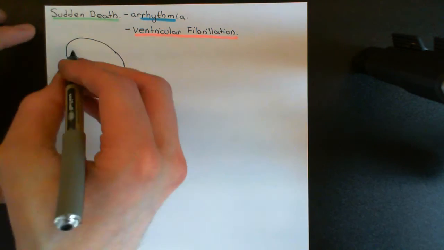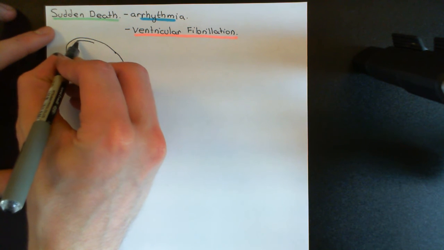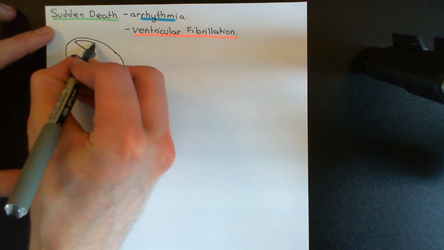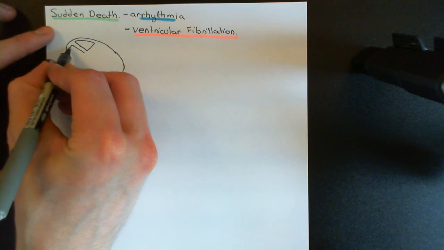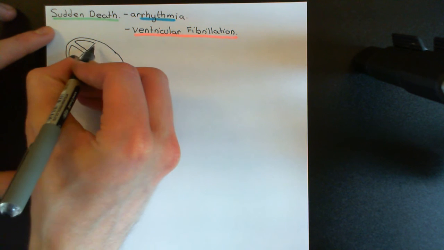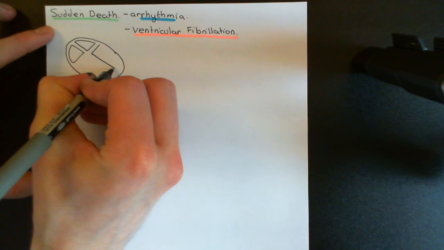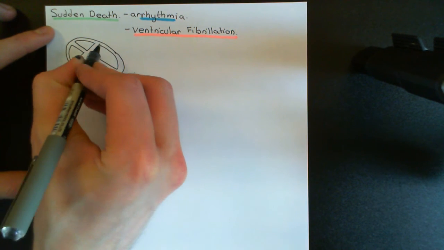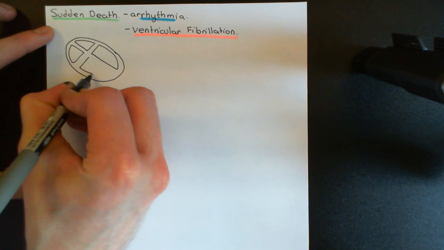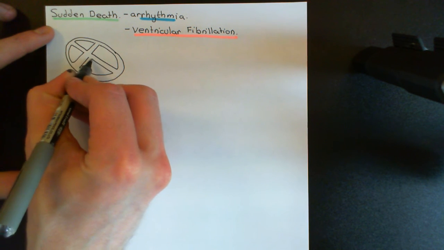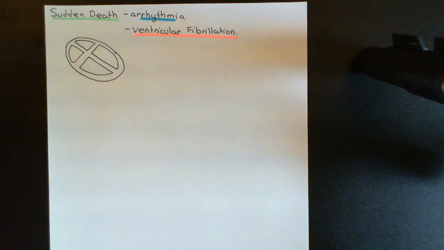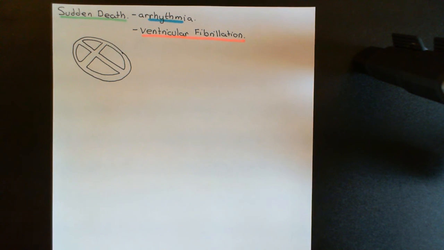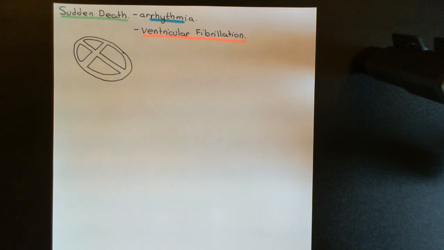Hopefully you'll understand when I draw this picture what we've done. So here, this is of course the left atrium, here we have the right atrium, here we have the left ventricle, and here the right ventricle. And I think it might be worth just reminding ourselves of how the normal electrical signalling occurs within the heart, and then we'll contrast this to what happens in ventricular fibrillation.